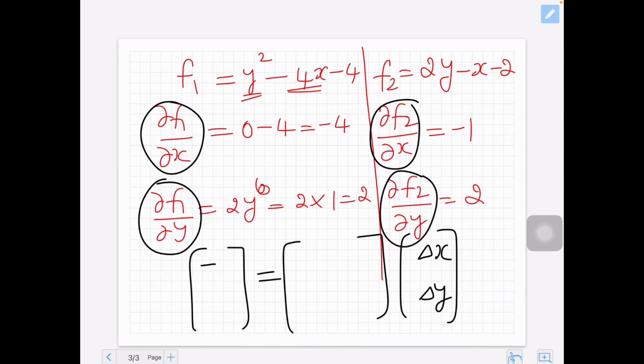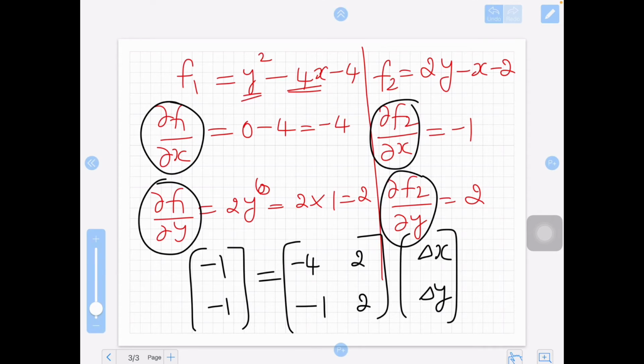So here let us write minus 1, minus 1, and this is minus 4, delta F1 by delta x, this is 2, this is minus 1, this is 2.